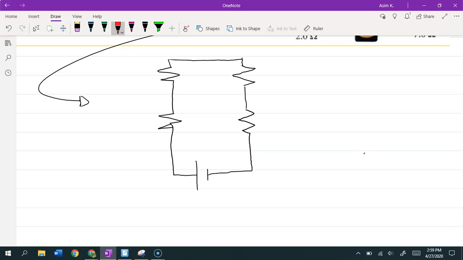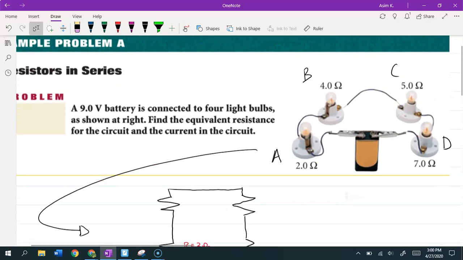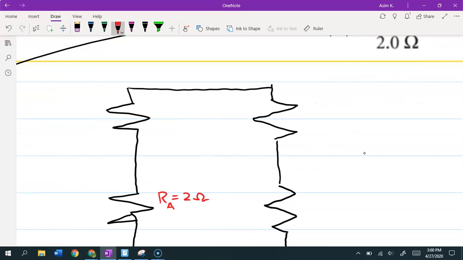First understand that it's going to first go to the 2 ohm resistor, which is resistor A. So the resistance of resistor A, R sub A, is equal to 2 ohms. Then resistor B is 4 ohms, so I'm going to label that as 4 ohms.